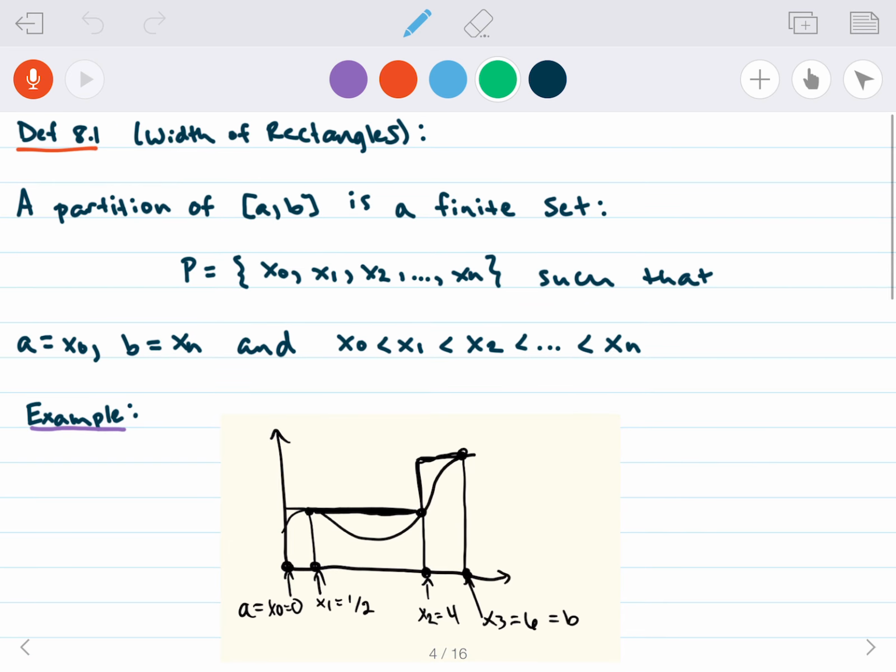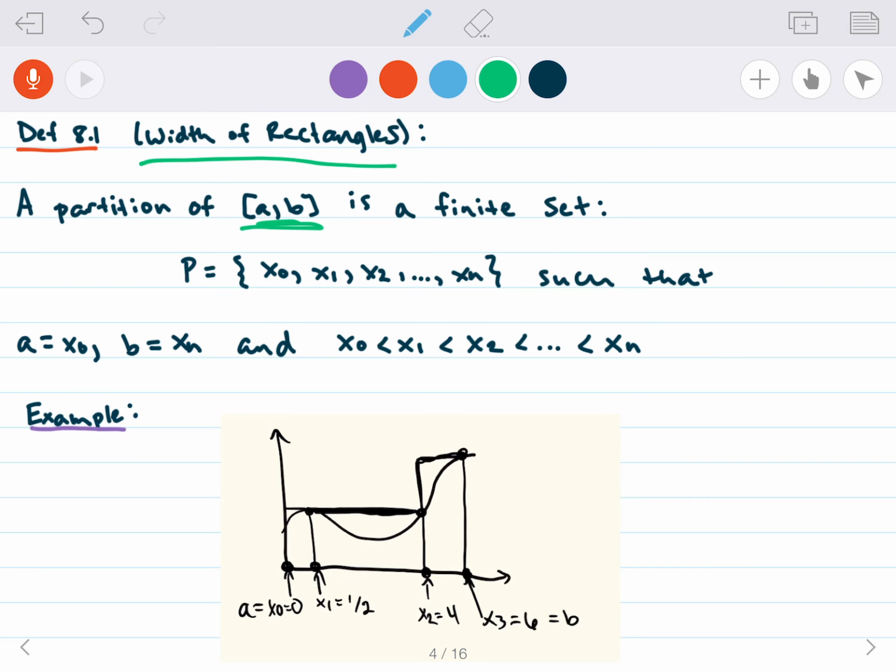Okay, so let's start with a definition. I've used this word, but we haven't defined it yet, so let's talk about it. This is how you find the width of your rectangles, and we start with a partition.